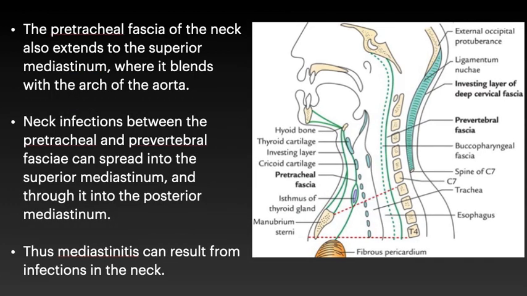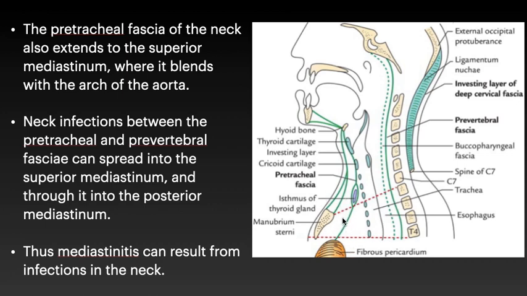Then the other fascia is the pretracheal fascia of the neck. This is the trachea. Here is the pretracheal fascia. This is the larynx continuing with the trachea. So this is the pretracheal fascia that is in front of the trachea of the neck, also extending up to the superior mediastinum, where it is blending with the arch of aorta.